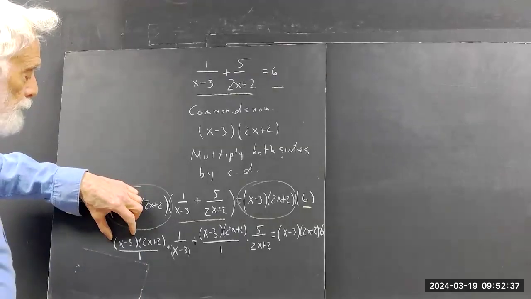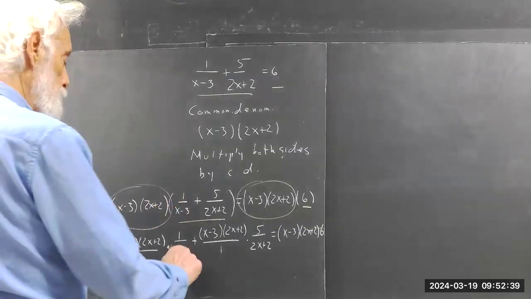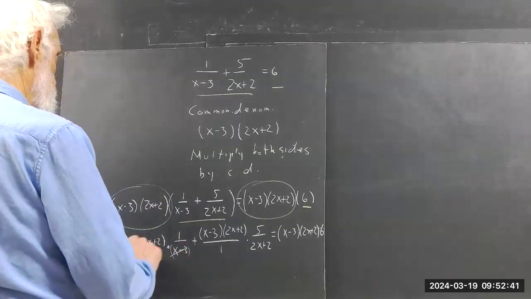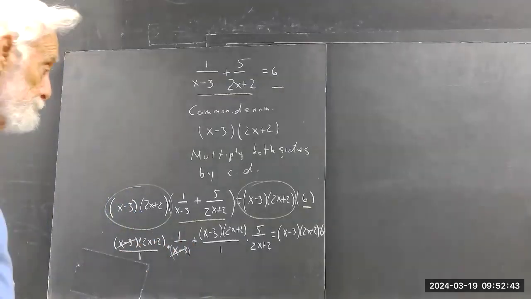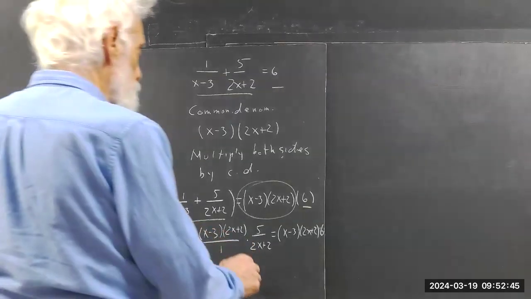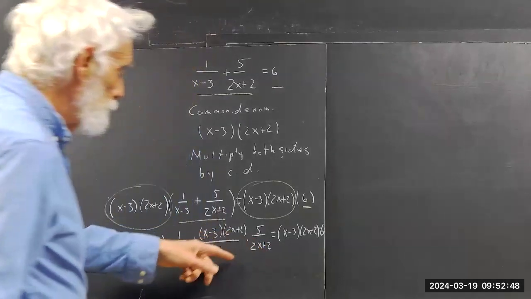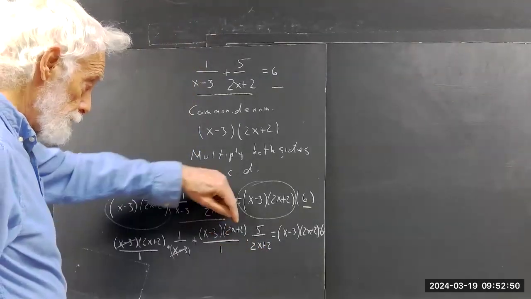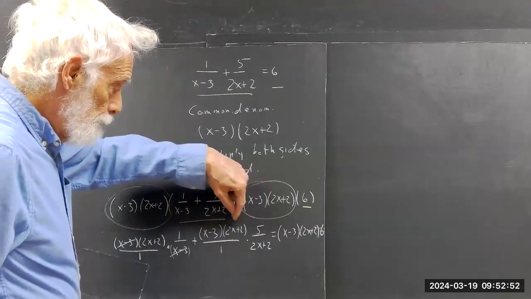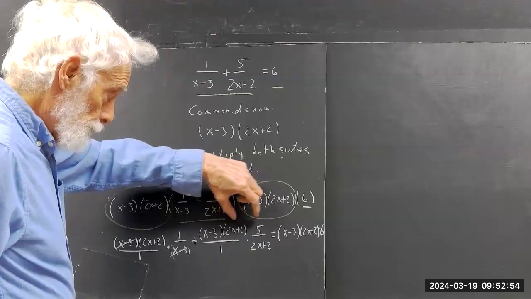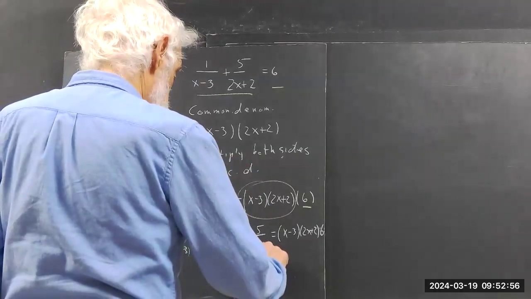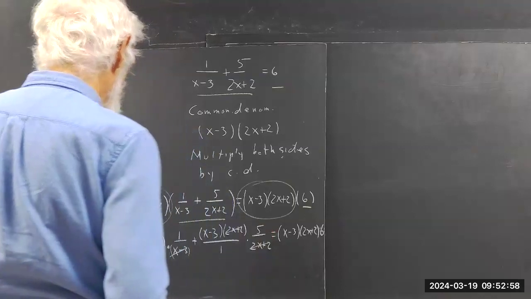It's one of the things you multiply together to get the numerator, so that x minus 3 cancels out. Similarly, 2x plus 2 will be your denominator when you multiply this out, and it's a factor of the numerator because it's one of the things that's multiplied to give you the numerator, so it cancels out.